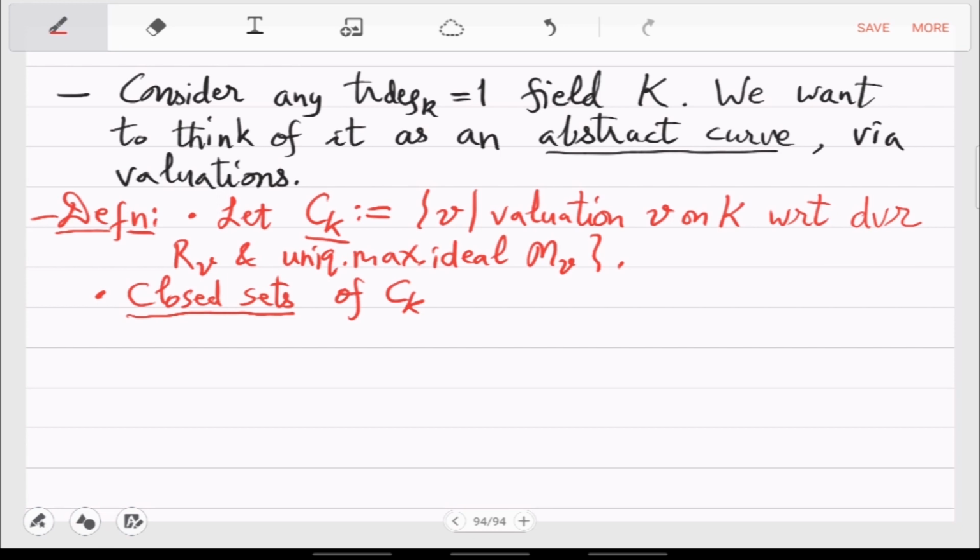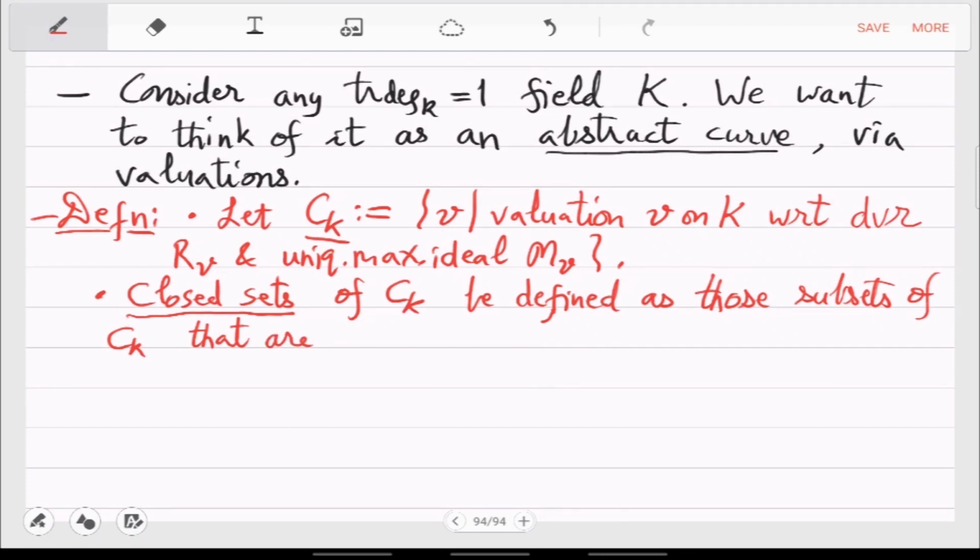So closed sets we should define as those subsets of C_K that are finite, or C_K itself.